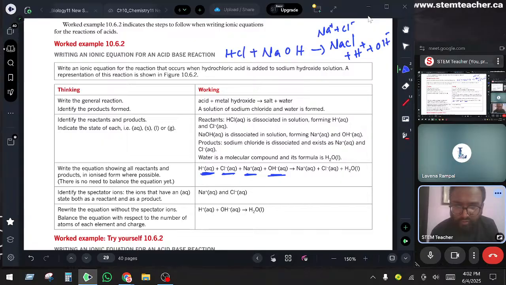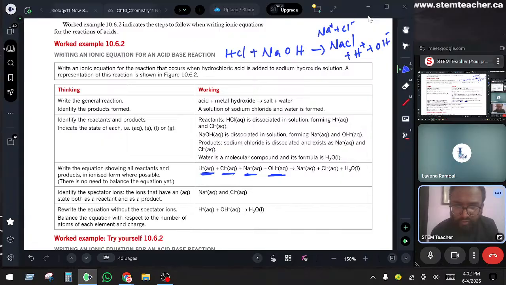And now, acids plus metal carbonates. Here you can see this kind of reaction.